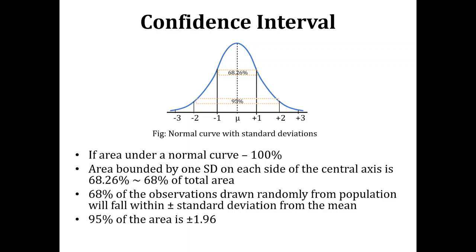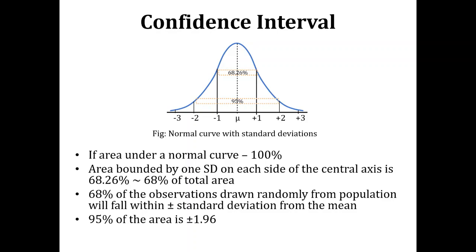So this is the confidence interval of 95%, which is plus minus 1.96 standard deviations from the central axis on both sides.